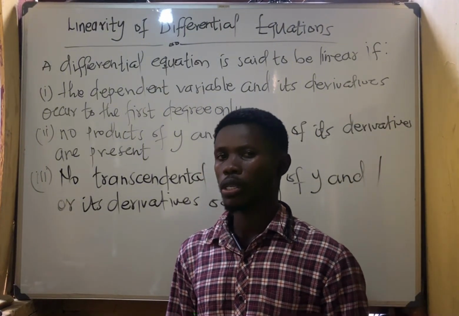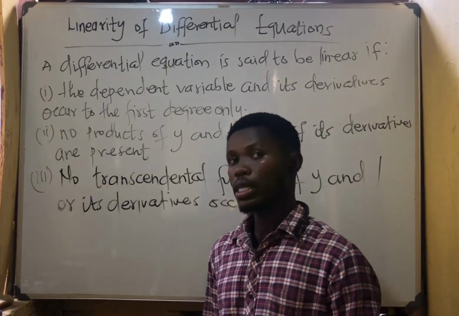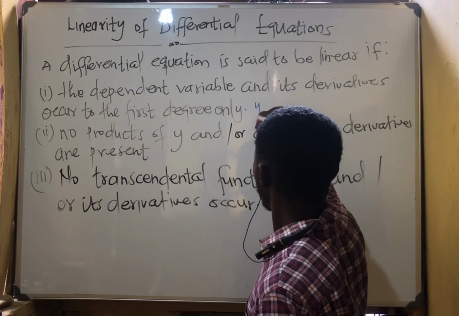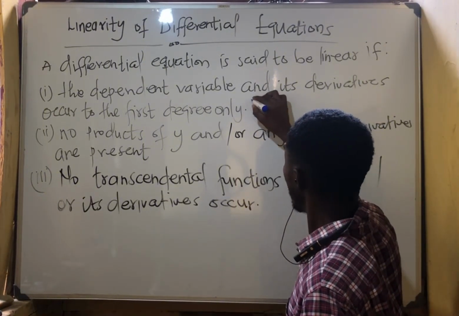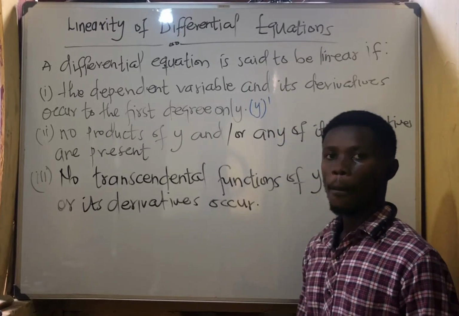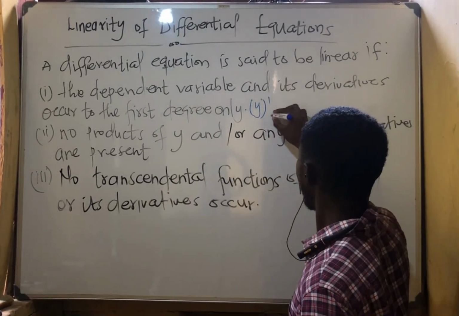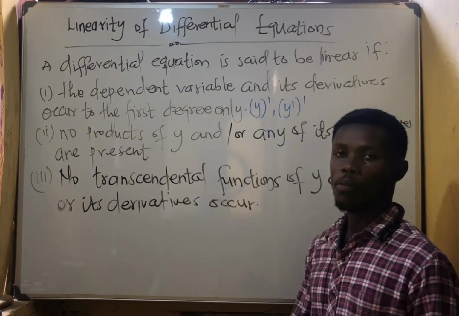So what you are trying to say is that let's take y as the dependent variable. As you know, always the y is representing the dependent variable. What we need is that here should be what? The degree means the power. The power should be 1. Also, if I have y prime, it should be power 1.